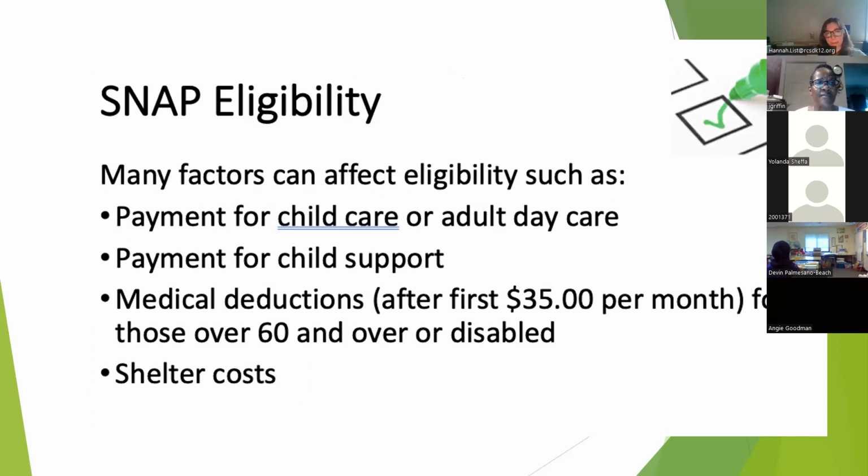SNAP eligibility. Many factors can affect eligibility, such as payment for childcare or adult daycare, payment for child support, medical deductions after the first $35 per month. These are for individuals that are 60 years of age and older or disabled, and shelter costs.